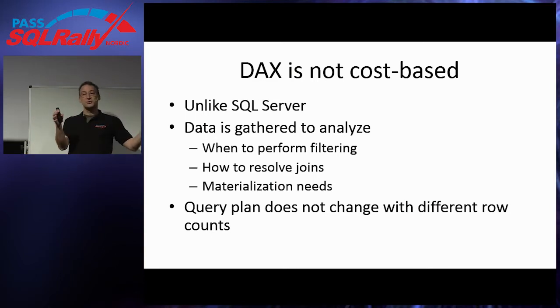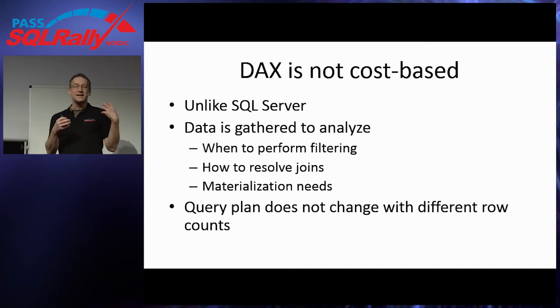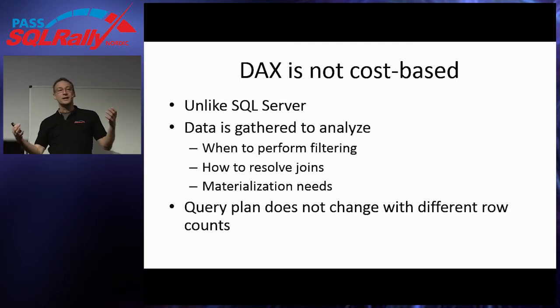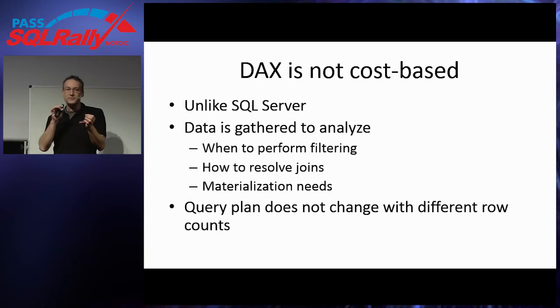You write an expression, and this expression will always have the same query plan. The only reason why it needs to understand how many rows will be returned by different parts of the query is to move filtering deeper inside the vertipack queries or in the outer part of the vertipack queries. So it's just a matter of filtering before or filtering later, or choosing a different path for joins. But the query plan is always the same.